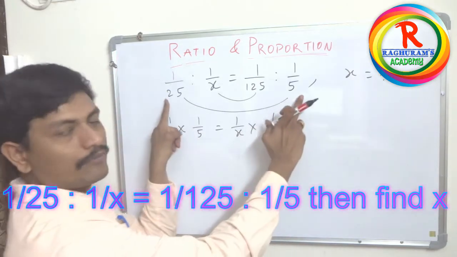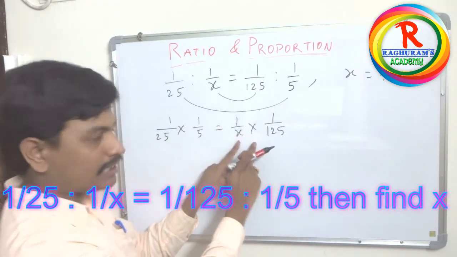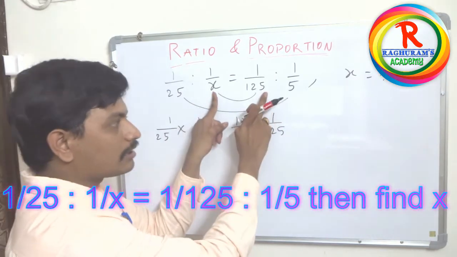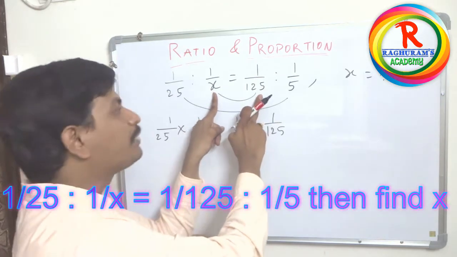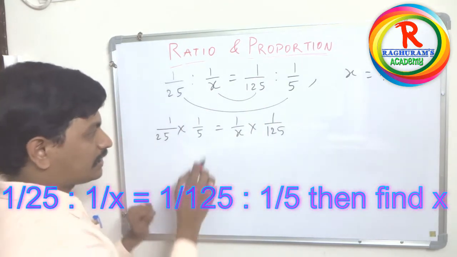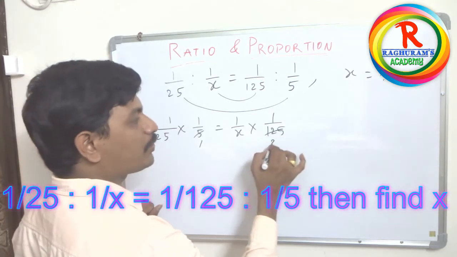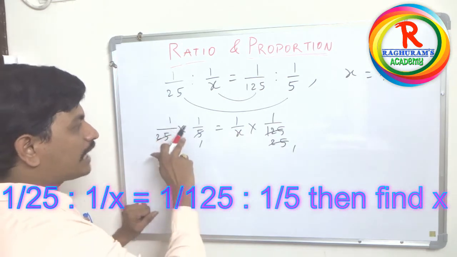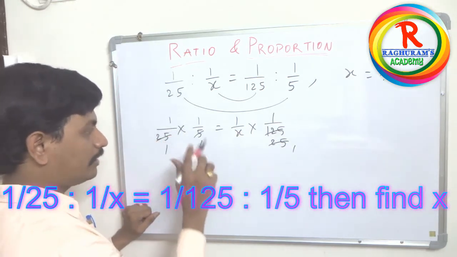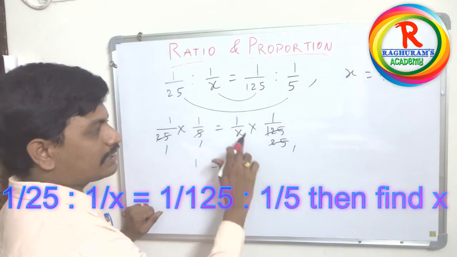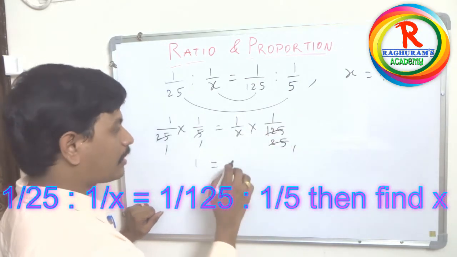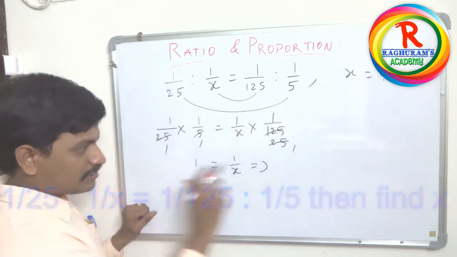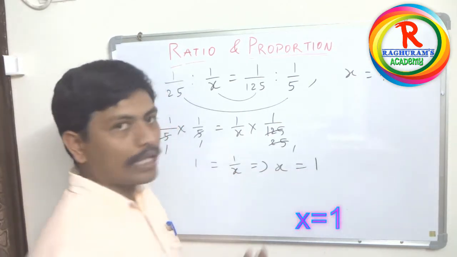I have written the product of extremes first because this is 1 by x, and taking it to the left hand side we get the x value. That's why I'm writing the second one on the right side, that is the product of means. Here, any cancellations? 5 ones are 5, 5 twenty-fives are 125, and 25 ones are 25. So on the left side we get 1 into 1, that is 1, and on the right side, 1 by completely cancelled, so we get 1 by x. Taking 1 by x to the left hand side, we directly get x is equal to 1.